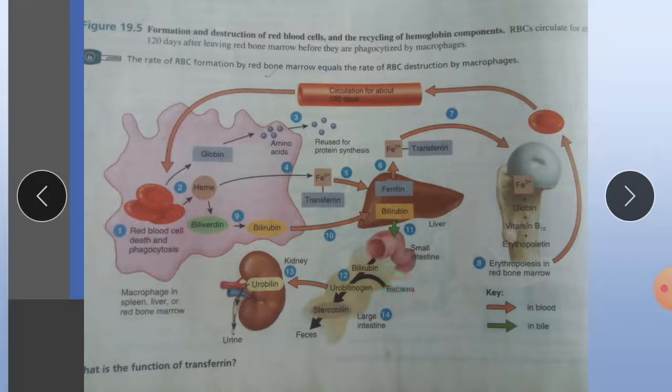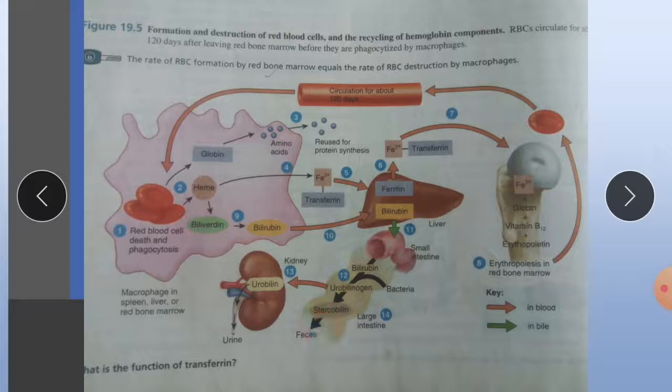Now again this urobilinogen is converted into stercobilin in the large intestine. That stercobilin is also another yellow pigment, which gives the natural color to our feces, and it is excreted in the form of feces.